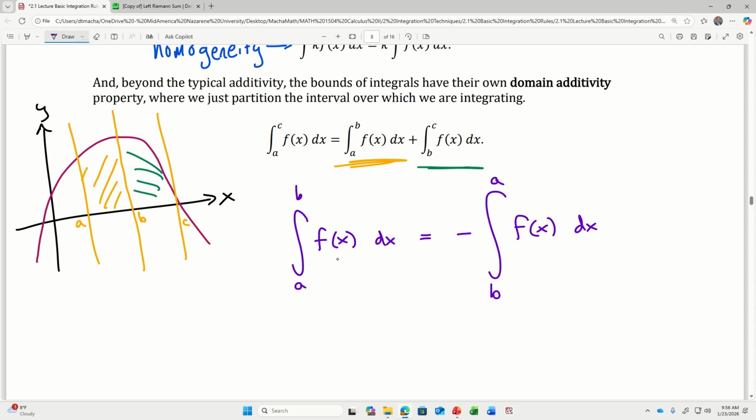I don't know what this property is called, but it means that switching the order of the upper bound and lower bound just gives a negative. And this is not so hard to prove on your own because we're just taking an antiderivative and then subtracting. If you switch the bounds, you switch the order of subtraction, and that's kind of like multiplying by -1 on the whole thing.